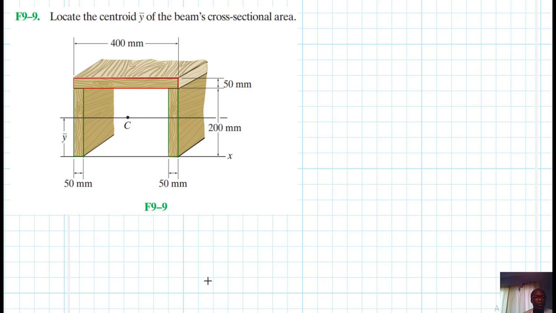So let's call this 1, and then let's call this 2. Since these are the same, they're symmetrical about either axis, about this axis or about this axis.